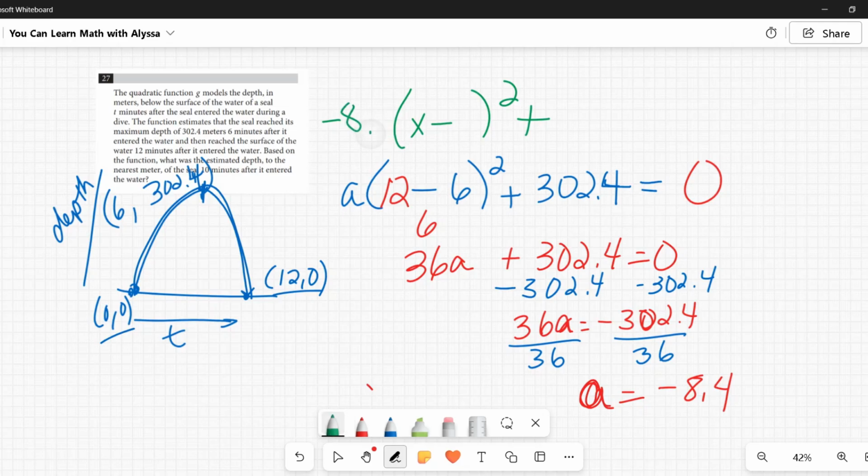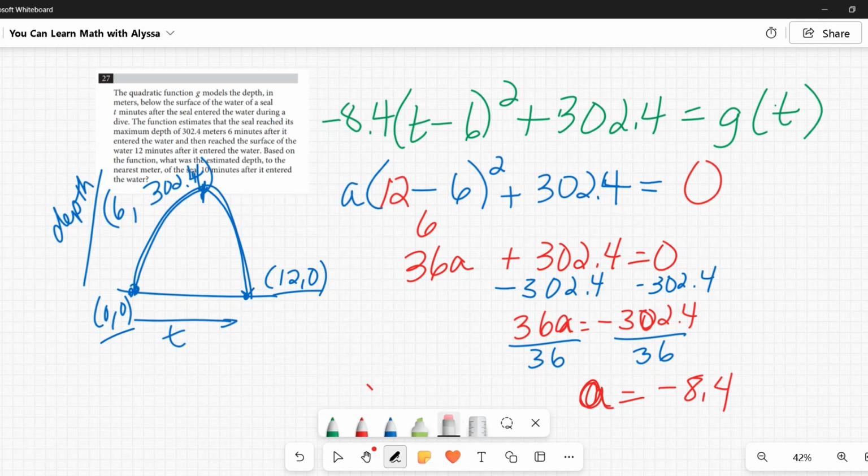Negative 8.4 times t minus 6 squared plus 302.4 is equal to g of t. I always want to say x, but it's going to be t. So negative 8.4 times t minus 6 squared plus 302.4 equals g of t.